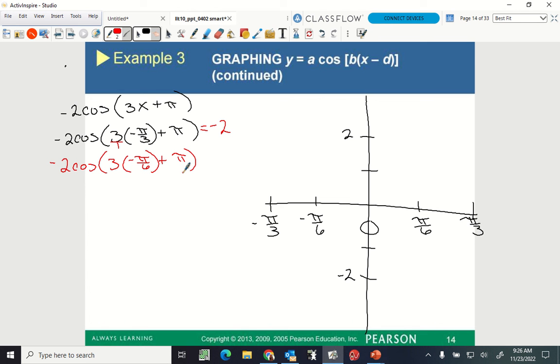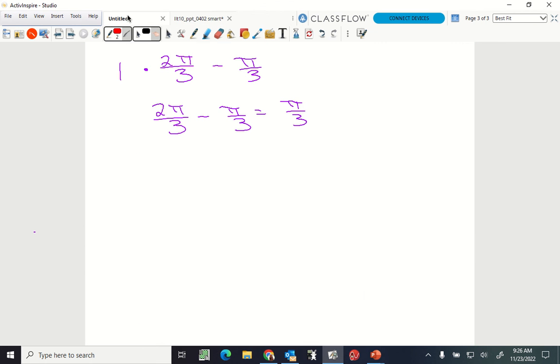All right, now we got to do some math here. That 3 and the 6, what's going to happen? It's going to reduce, right? So what's going to be left? So it was 3 over 1 times negative pi over 6, and then plus pi.